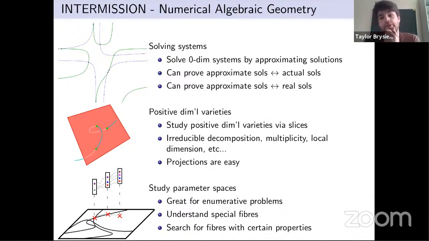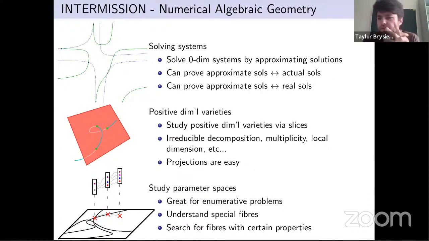At the very core of numerical algebraic geometry, it can solve zero-dimensional polynomial systems really well. So maybe I want to intersect these two curves in the plane, and there are finitely many solutions. I will find them using numerical algebraic geometry by finding floating point approximations of them on a computer that are really close. And this is concerning to some mathematicians who like proving things, because they're approximate solutions. So what does that even mean?